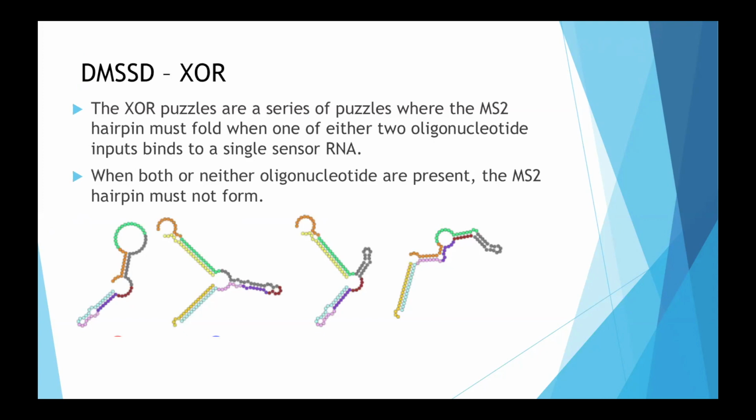And when both or neither oligonucleotide are present, the MS2 hairpin must not form. Apparently this was quite difficult. From what I understand, the DOS lab spent hours working on a solution, and I believe Nando managed to get a solution like 6 hours later or something like that.